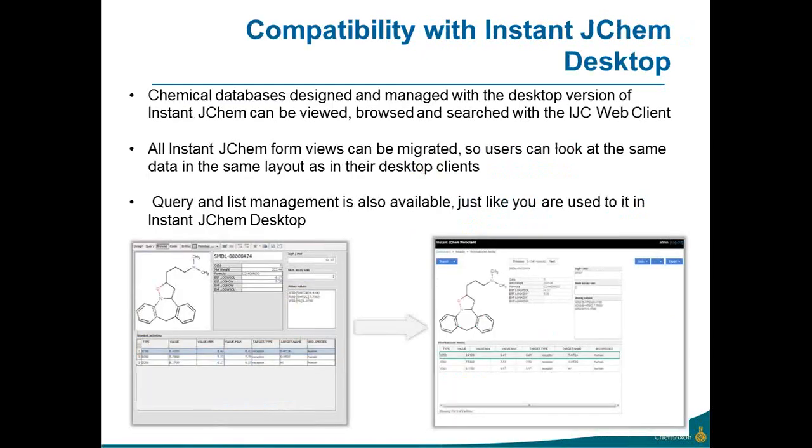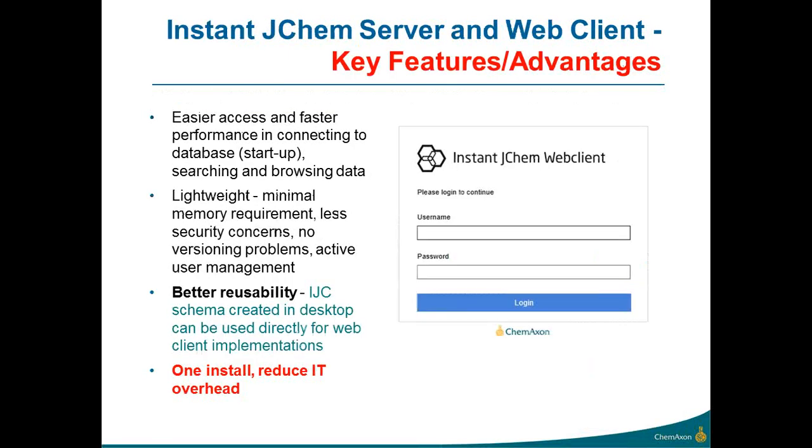Instant JChem desktop and Instant JChem server and web client are compatible, and allow you to migrate all the views which you build in the desktop application to the web browser, so you can do the same searches and queries and build lists, and the management features which are available in Instant JChem desktop. So, to recap the key features and advantages of JChem server and web client: it gives you easier and faster access to your database.